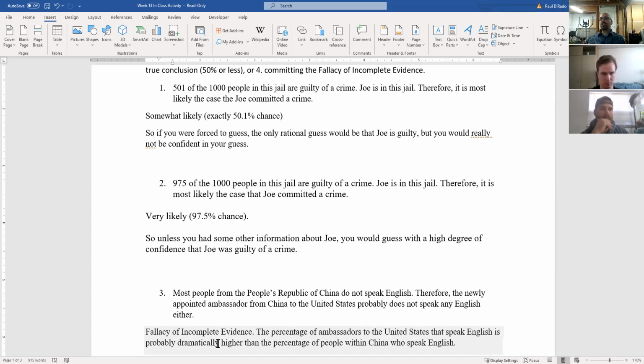It's just that this argument doesn't do any good work because it didn't do its math properly. We'd have to start over again, do better math of what percentage of ambassadors to the United States speak English, to have any kind of useful statistical information about how likely it is that the ambassador will or will not speak English. All right. So this is our first example of the fallacy.